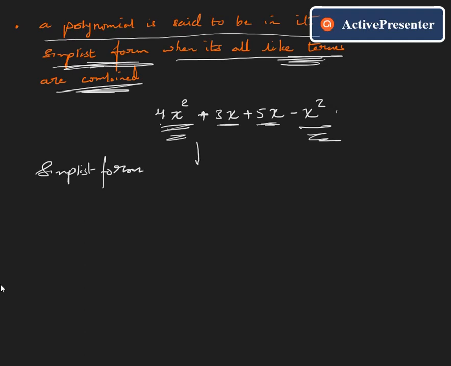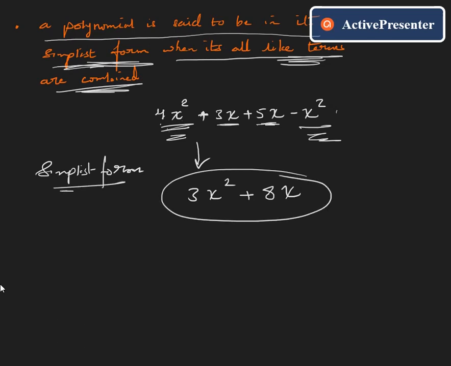So what is the simplest form for the above polynomial? It should be when all like terms are combined. So 4x squared minus x squared is 3x squared. 3x plus 5x is plus 8x. Now we have the polynomial in its simplest form.